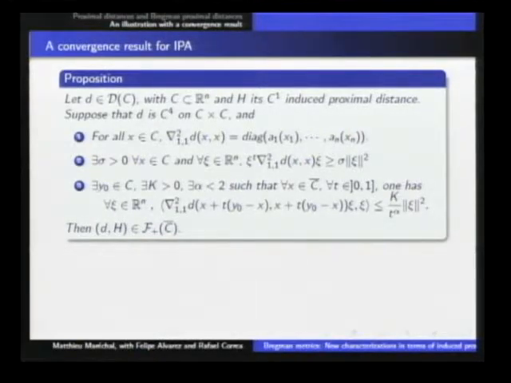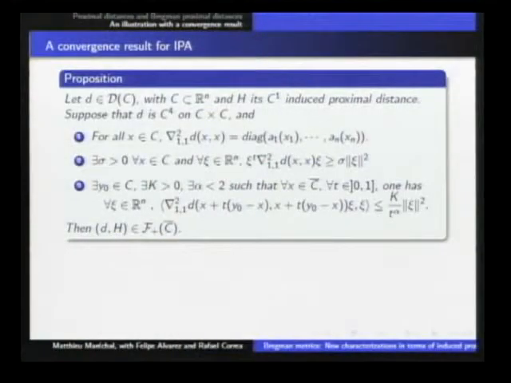The second property is that we suppose that on the diagonal, the Hessian matrix is positive definite, is coercive, moreover. And we suppose also that we have some property of control of the value of the Hessian matrix. I explain. As a definition of the proximal distance, the subdifferential, thus the Hessian, has domain C, which is an open set.